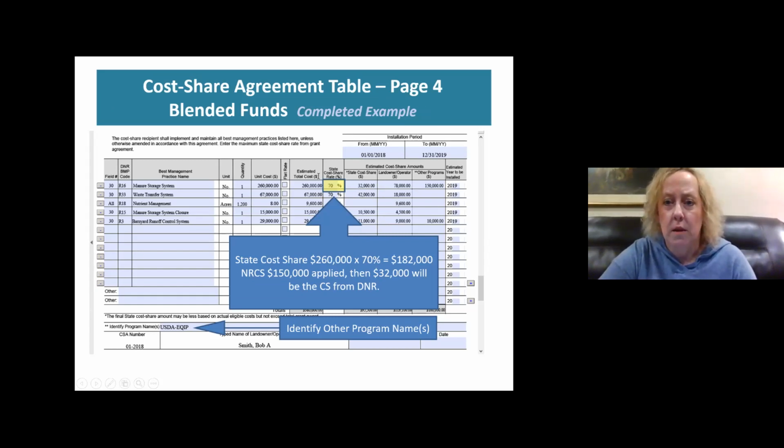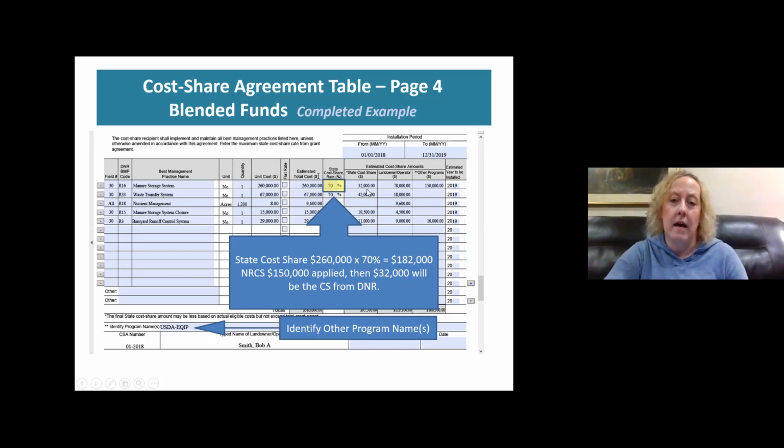Even though 70% of $260,000 would normally be the $182,000, we could pay up to $182,000, but because there are other flavors of money at play, we essentially are paying the balance. And that's a decision that you as the county need to make.